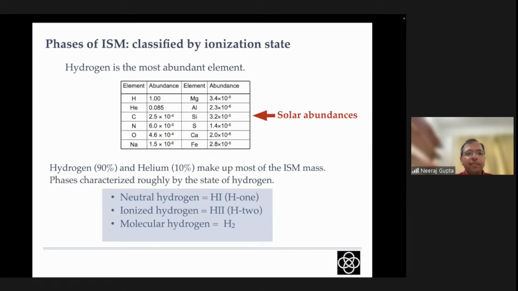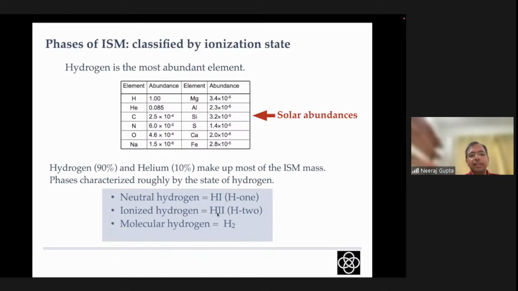So how do we classify different phases of the ISM? As we know, hydrogen is the most abundant element, followed by helium, carbon, and so on. So for any phase of the ISM, we classify it on the basis of the ionization state of the hydrogen. If most of the hydrogen is in the neutral phase, then we will call it the atomic phase.